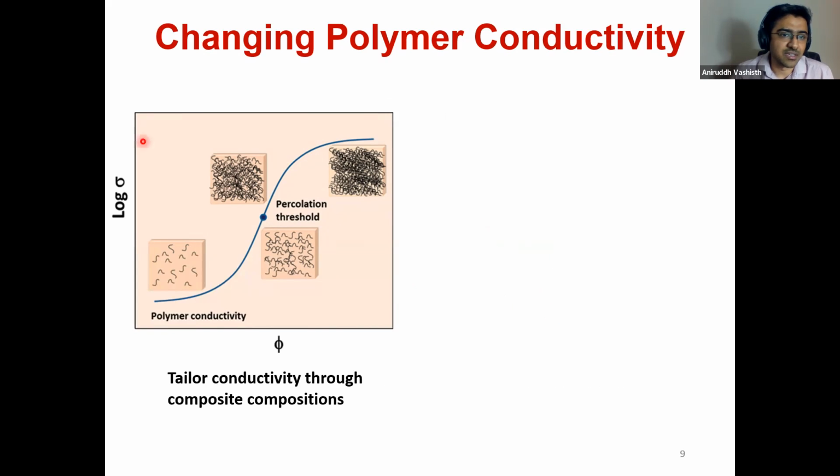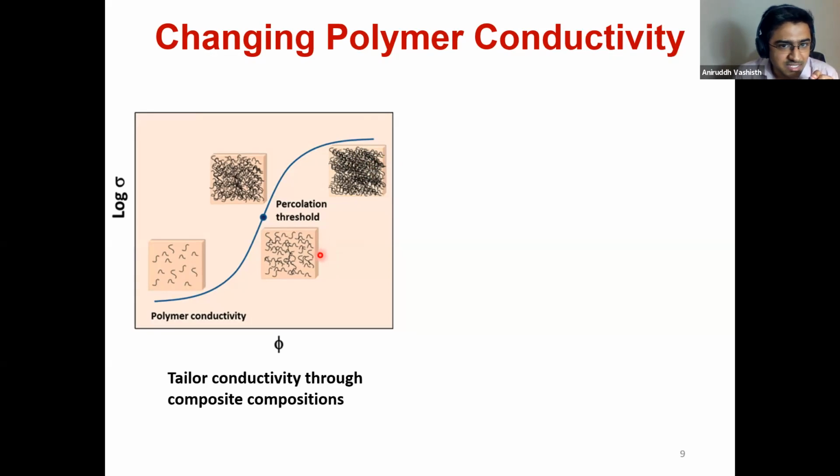So here on this graph, you see conductivity on the vertical axis, and on the horizontal axis, you have the concentration of the nanofillers. So you start off as a non-conductive material, and as you keep on loading your material, you end up with a highly conducting material.